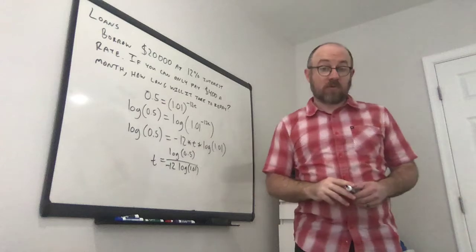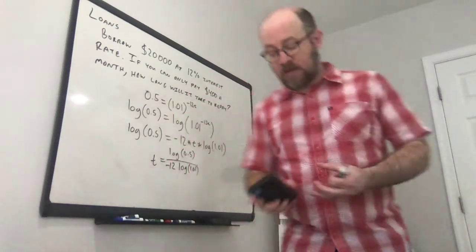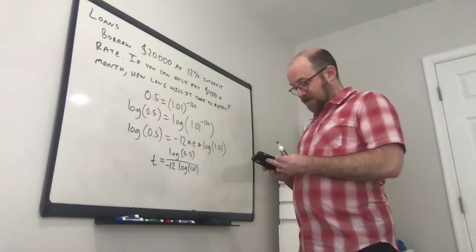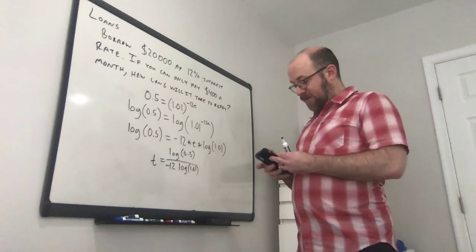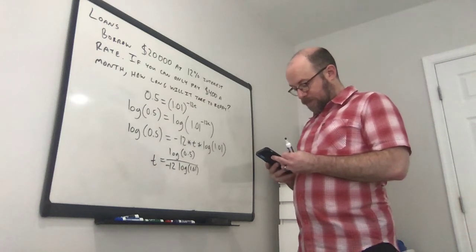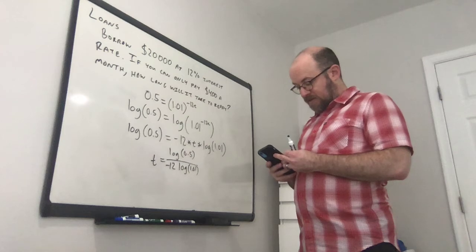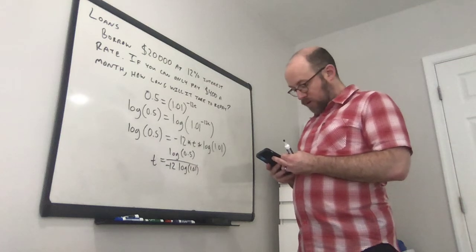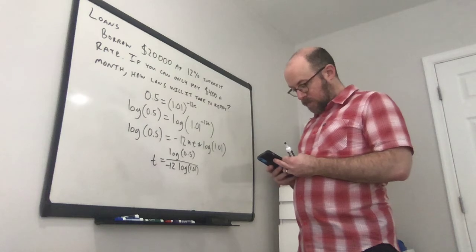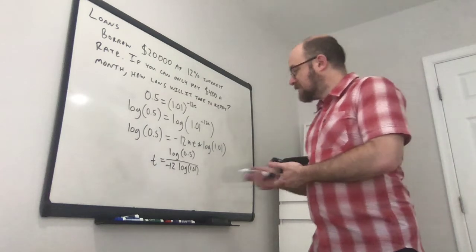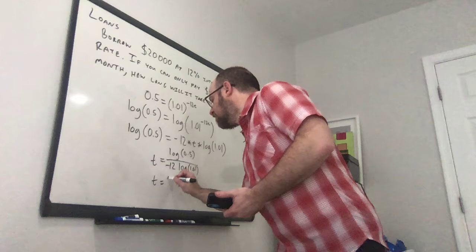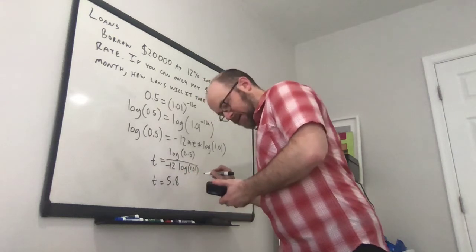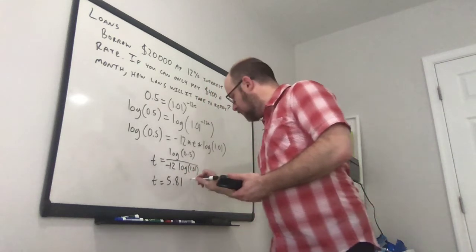Okay, so very similar to what we did with the exponential growth problems. And if you do this, log of 0.5 divided by negative 12 log of 1.01, you get t equals 5.81 years.